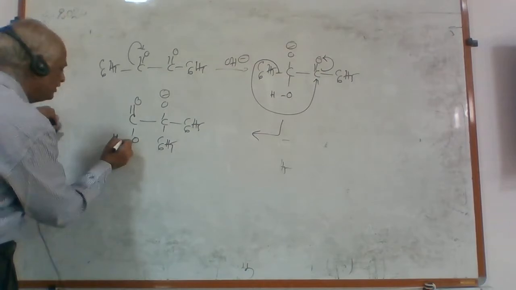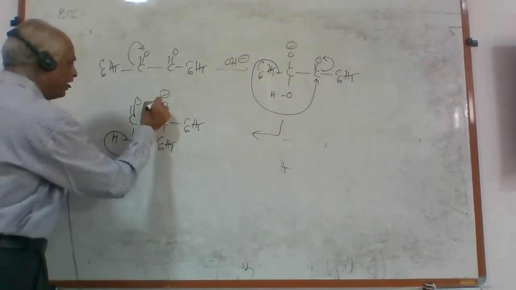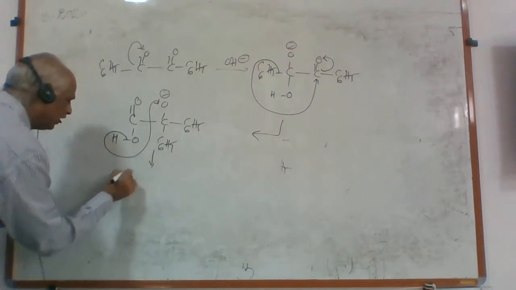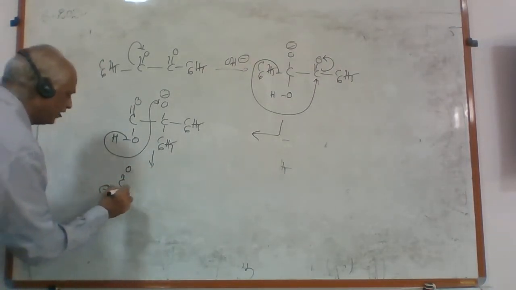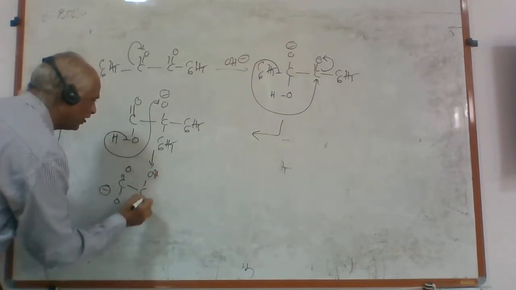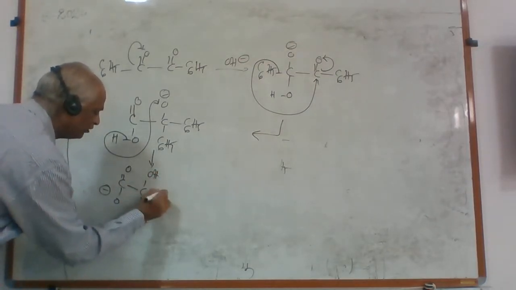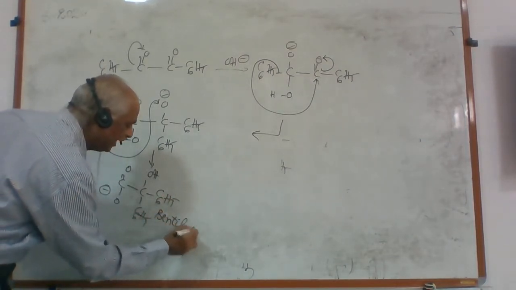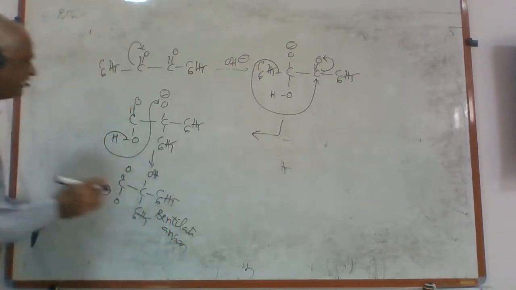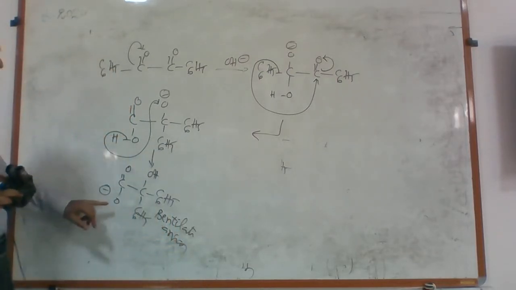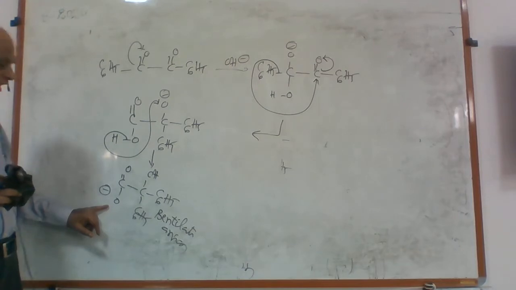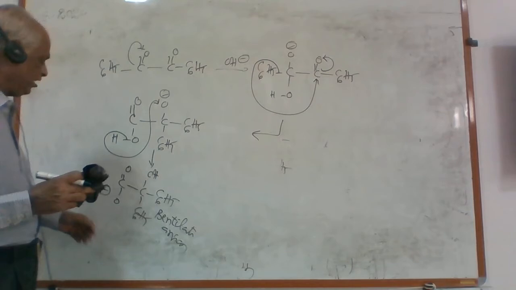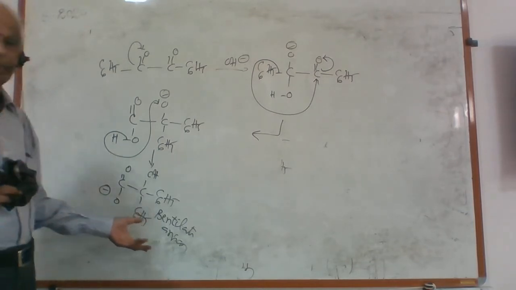Immediately the hydrogen from the carboxylic acid migrates as a proton to the O minus, forming C=O minus, C-OH, C6H5, C6H5. This is called the benzilate anion. This equilibrium is more stable, that is, alcohol plus carboxylate ion is a stable equilibrium. That's why the benzilate anion. If you put a proton here, you will get your benzilic acid.